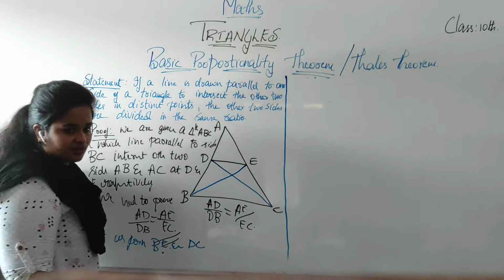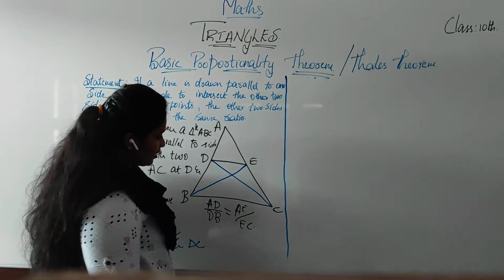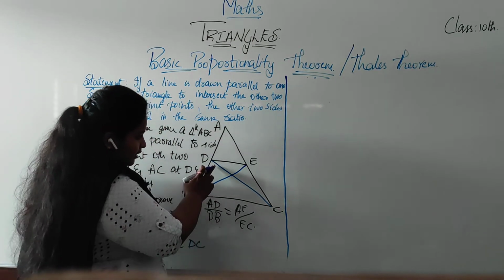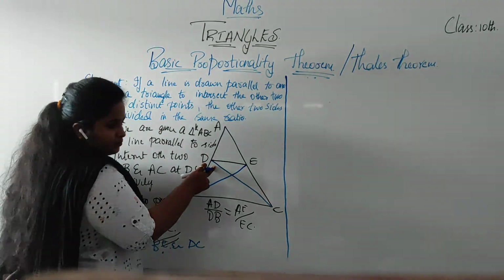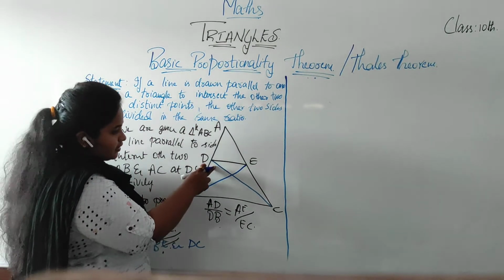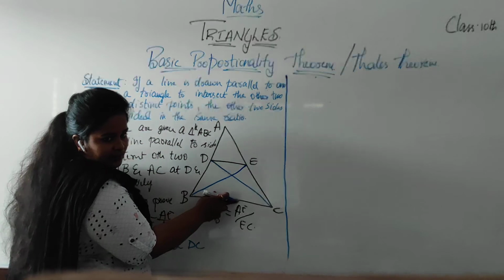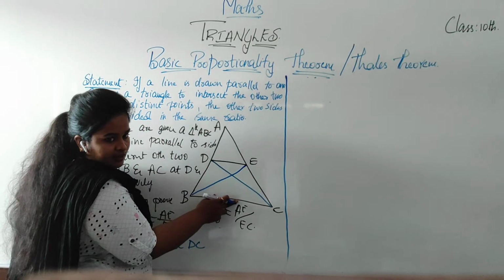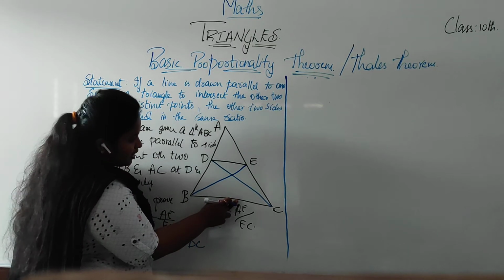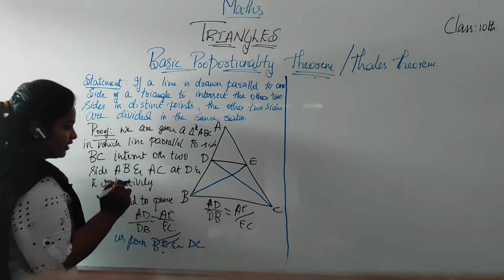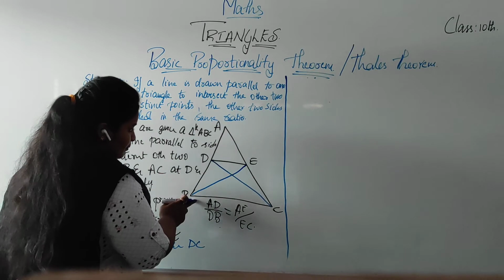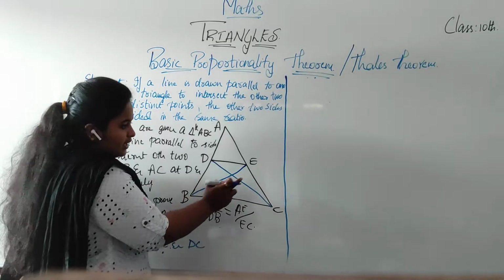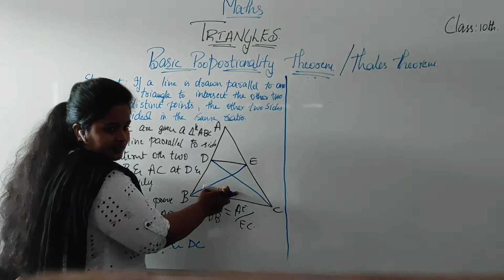Okay, so observe here, if you draw a line D and M. Wait, I'll draw it. Here we join BE and CD.